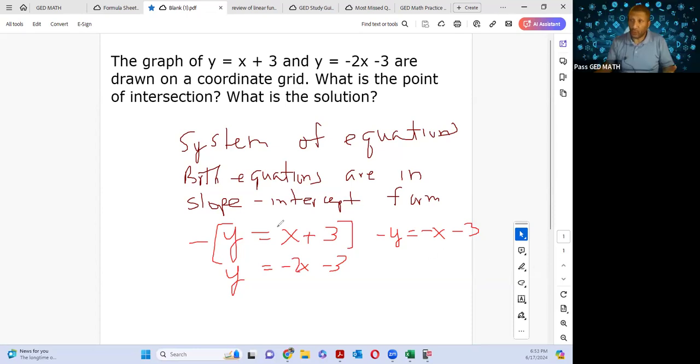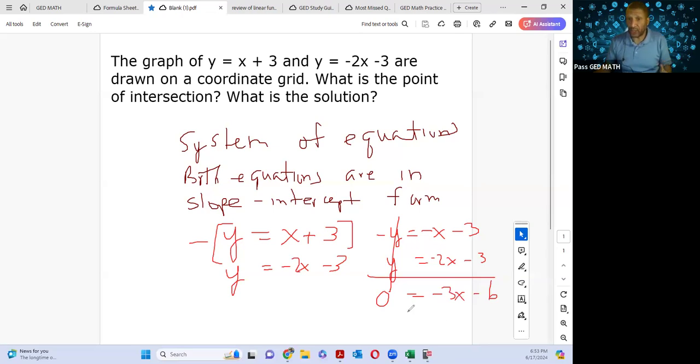So when we multiply this by minus 1, we get negative y equals negative x minus 3. Just change the sign of everything inside. The second equation remains the same: y equals minus 2x minus 3. The y's, when you combine them, now cancel. Y minus y is 0, equal to negative 3x minus 6.